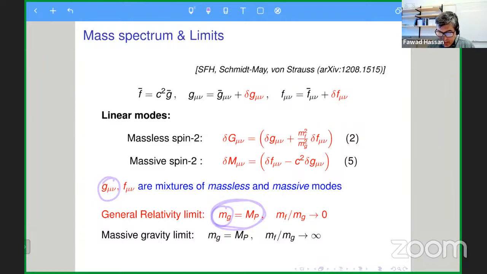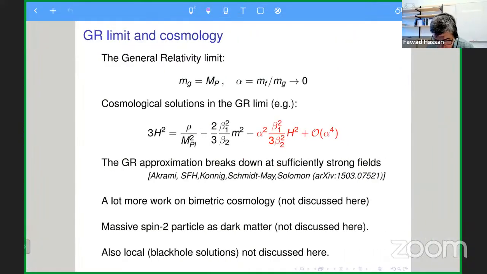If the Planck mass of F mu nu is much smaller than the Planck mass of G mu nu, so G mu nu is the standard Planck mass and F mu nu could be, suppose, a TeV scale Planck mass, then this limit is correct, and the theory looks very much like general relativity. The opposite limit is where the theory looks like massive gravity. I will not talk more about this.